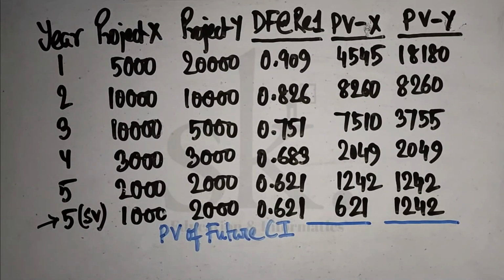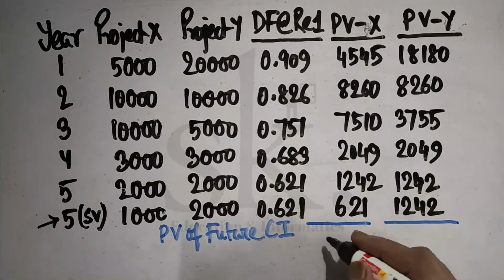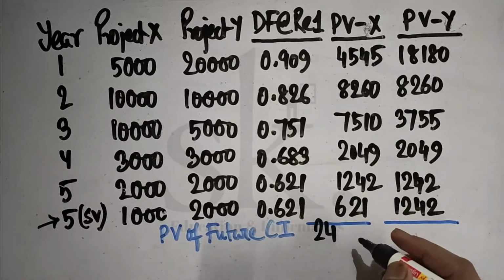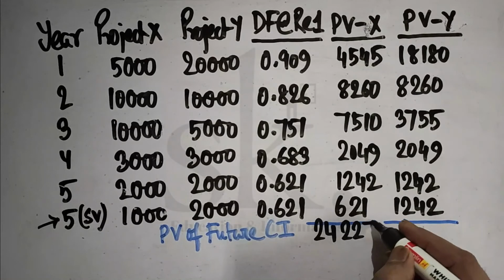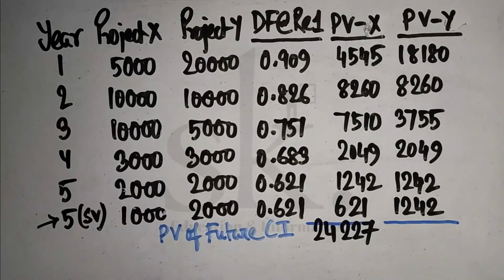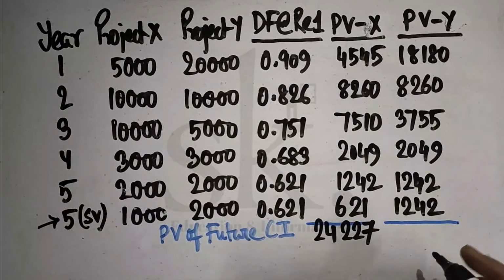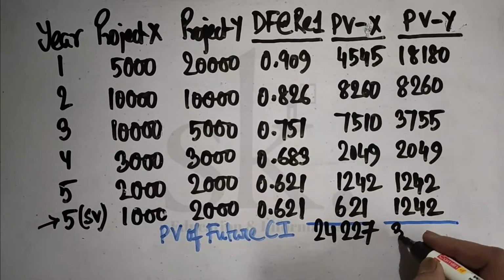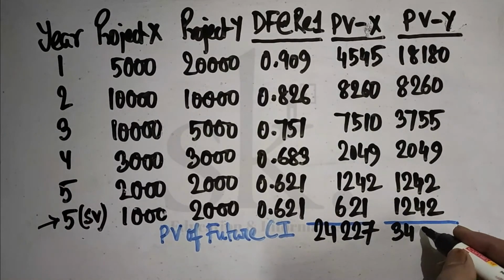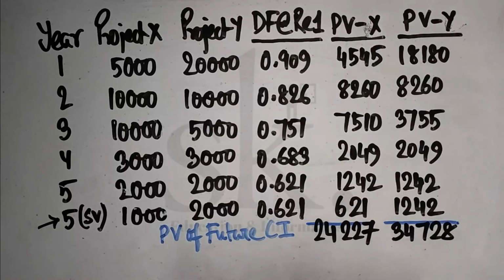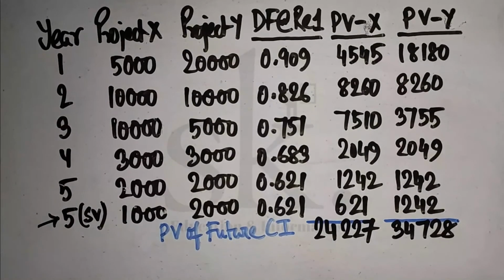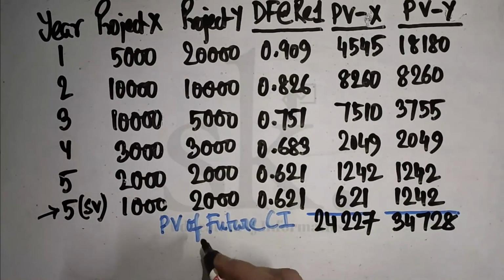If I add up for project X, it's coming 24,227, and for project Y it's coming 34,728.